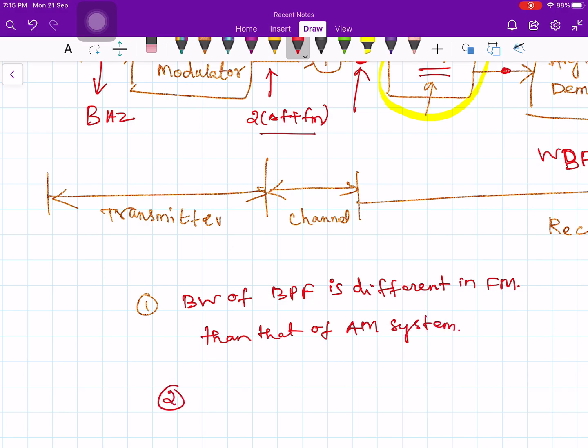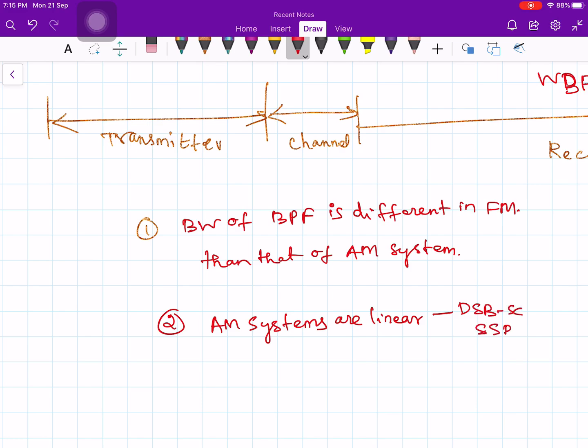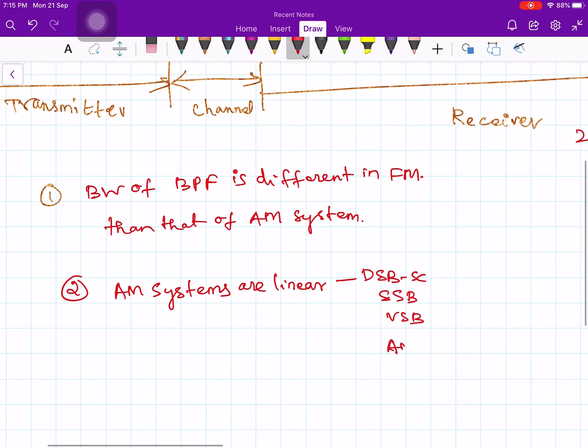The second important point is that amplitude modulation systems are linear, like DSB-SC, SSB, VSB, and AM with carrier, if you apply synchronous demodulation to all of them.